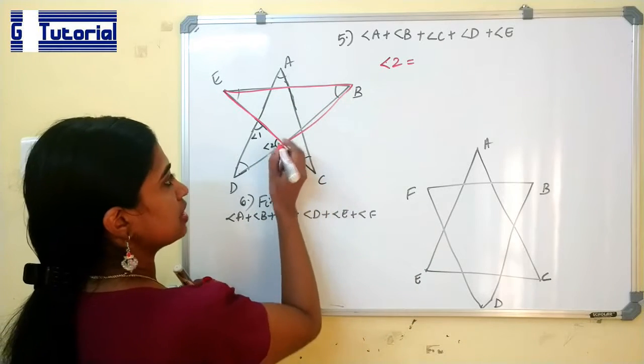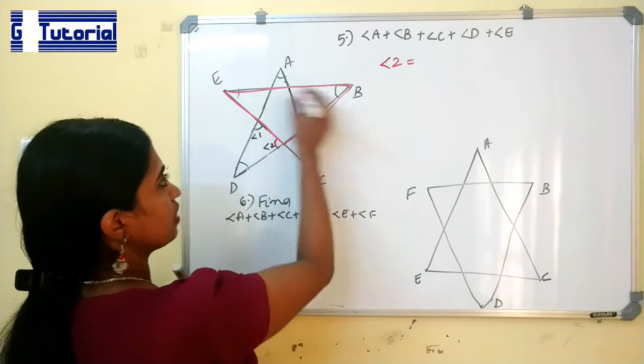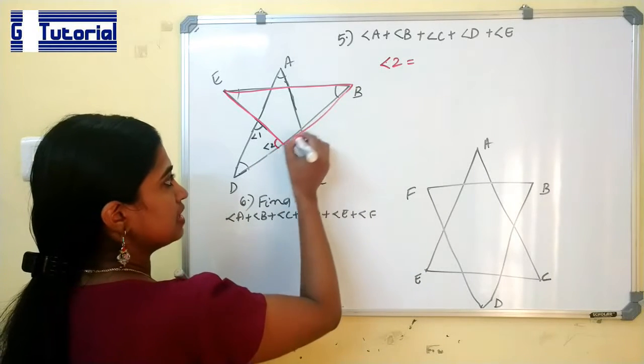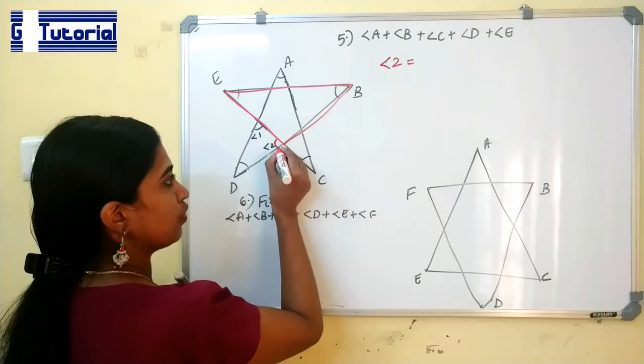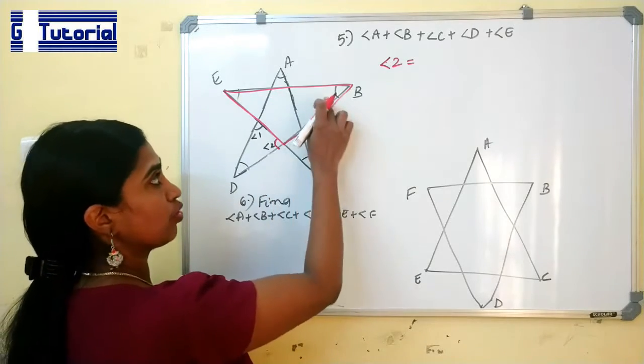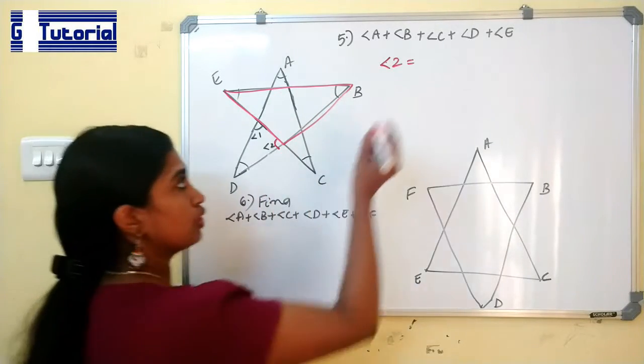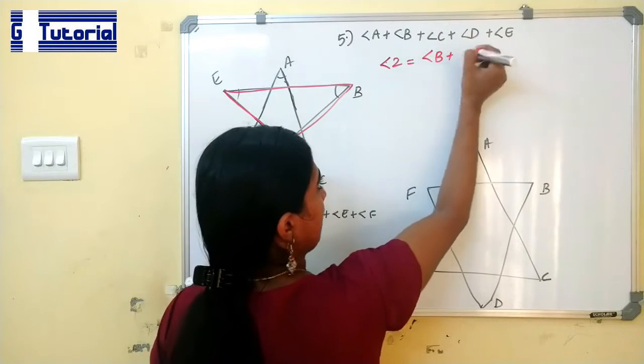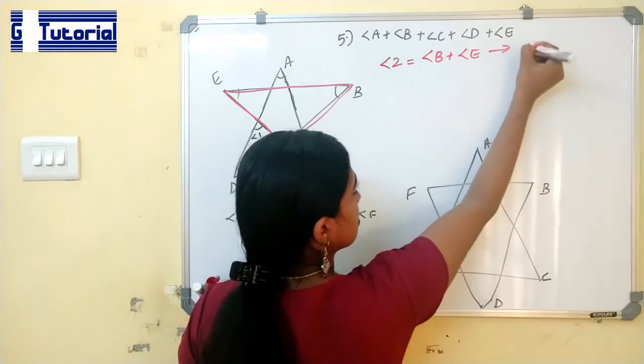Angle 2 is the exterior angle for this triangle. If this side is produced, angle 2 forms the exterior angle, and the exterior angle is equal to the sum of interior opposite angles. So, angle 2 is equal to angle B plus angle E. This is equation 1.